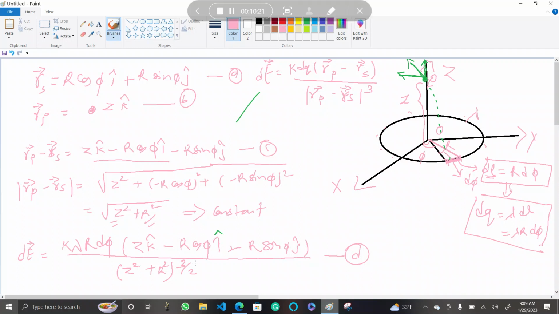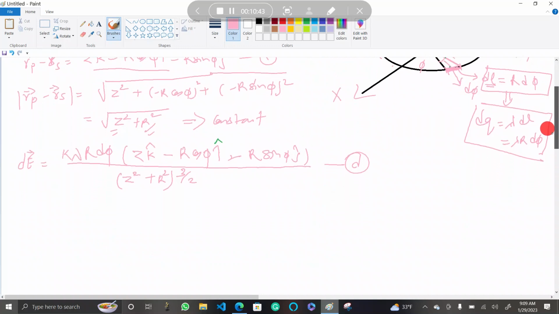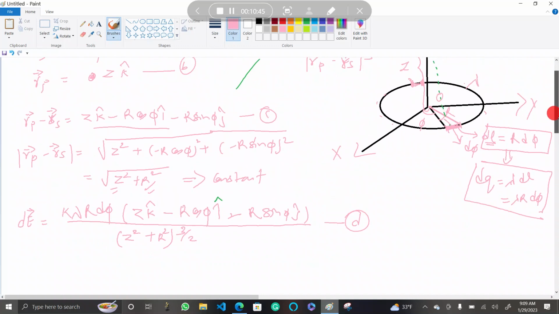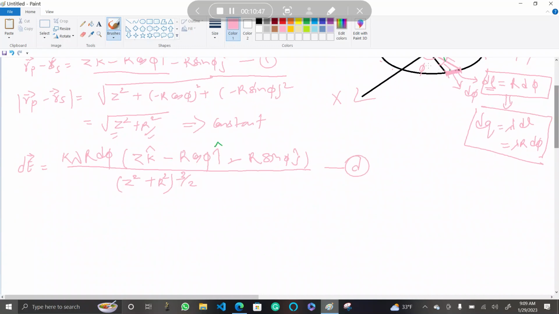But the horizontal components get cancelled because of the symmetry of the problem. It has circular symmetry, so the horizontal component of this element gets completely cancelled out by the horizontal component of the element opposite to it, at 180 degrees. So to calculate the total electric field and its direction, we integrate this.